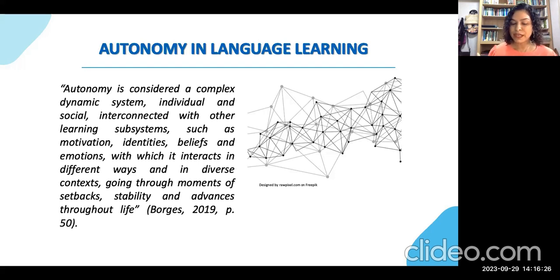Later, when I present the results, the research data, it's possible to observe this dynamicity and the moments of stability, setbacks, and advances in the autonomization of participants.